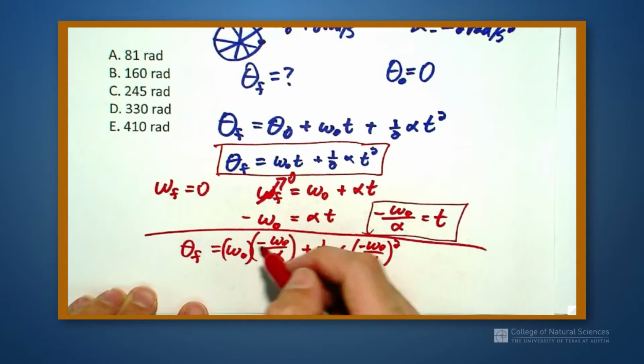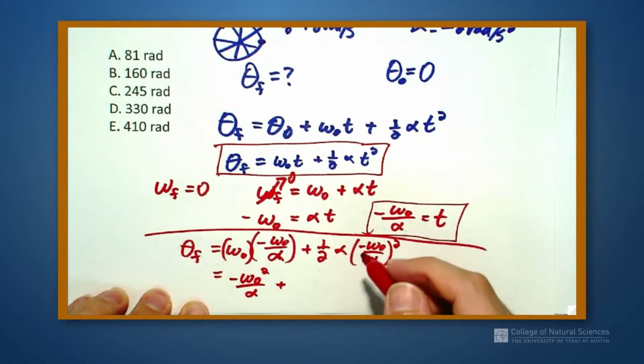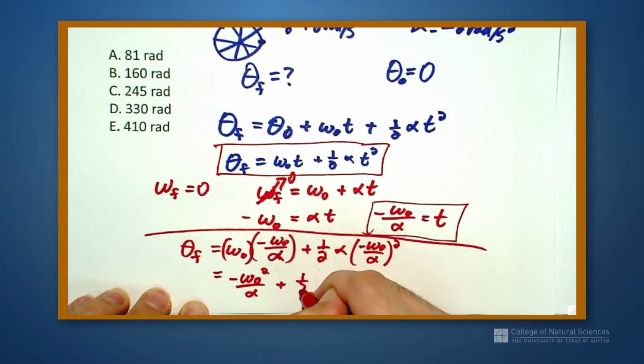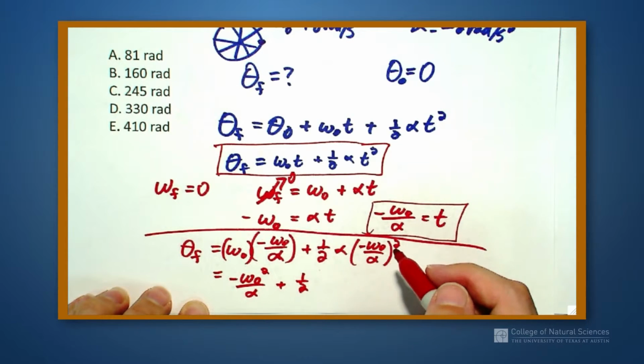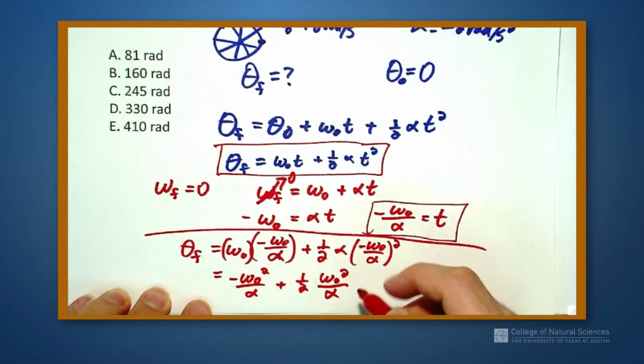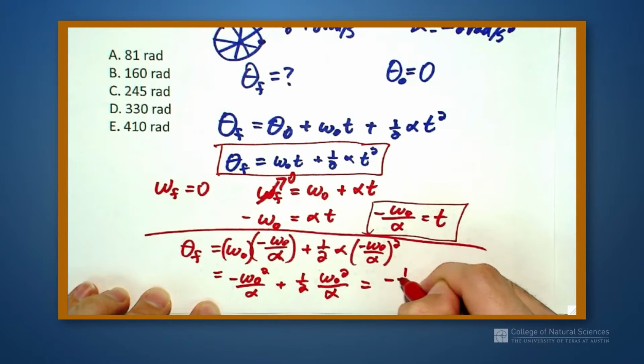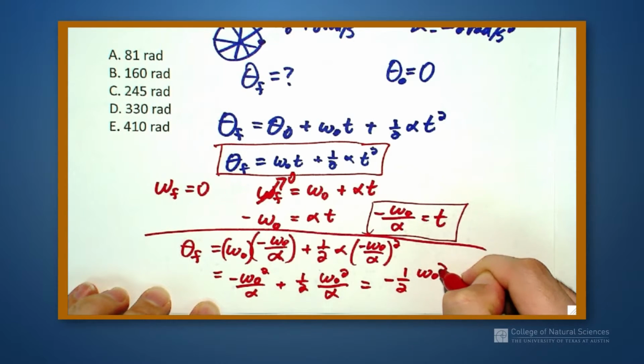So now I work through this problem and I find that I get minus omega naught squared over alpha plus 1/2 omega naught squared over alpha. I have an alpha there and 2 alphas down here, which equals minus 1/2 omega naught squared over alpha.